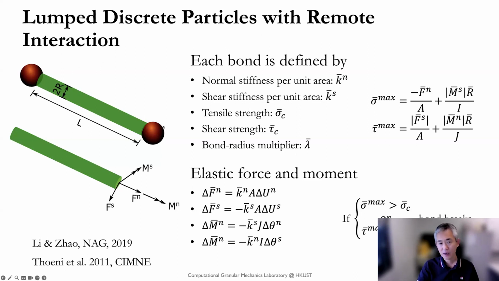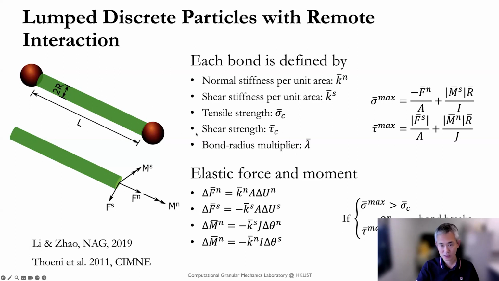The interaction of this wire in our simulation will mainly be at this particle level. So the wire itself, at this remote bond, will be twisted by a neighboring particle in the DEM simulation.